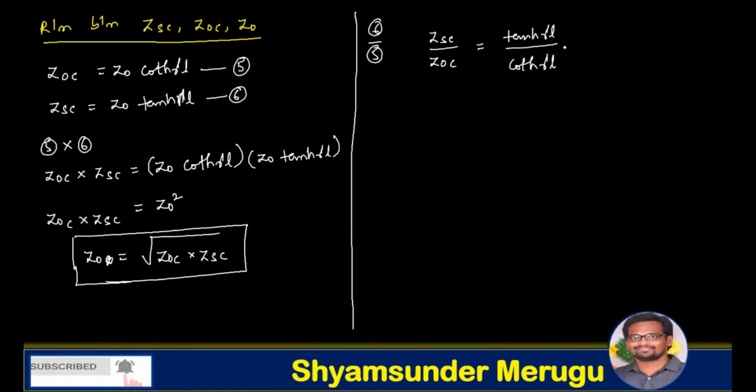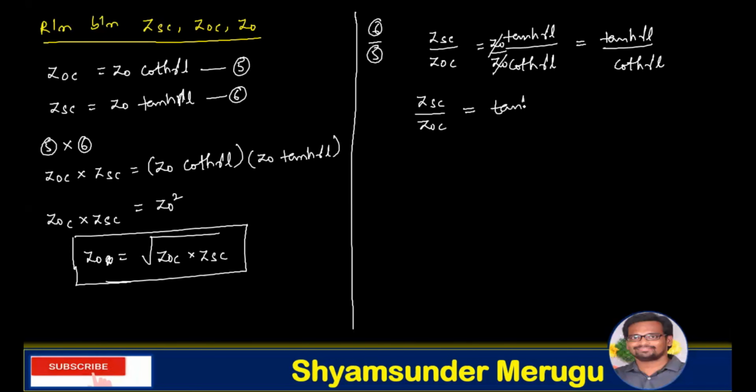The Z0 terms get cancelled; we can also write Z0 tanh gamma l over Z0 coth gamma l, and these two terms get cancelled, leaving tanh gamma l over coth gamma l.